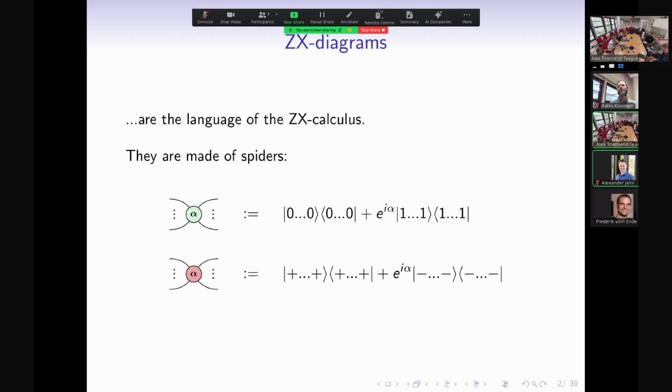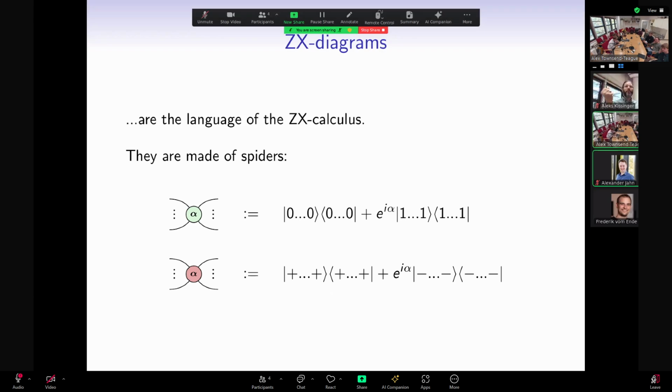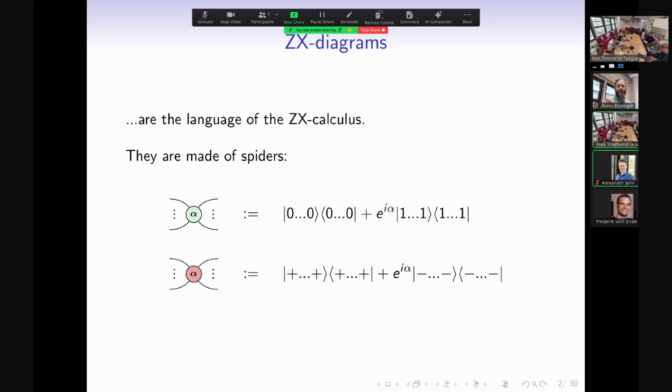So there's two ways to think about these. You can think of it as a kind of quantum gate, except that it's not unitary. Or you can think of it as a node in a tensor network. So I can think of these ZX diagrams as a tensor net, but I've really fixed what my basic tensors are. They're just these two things, this Z spider and this X spider. Both are a generalization of a phase gate.